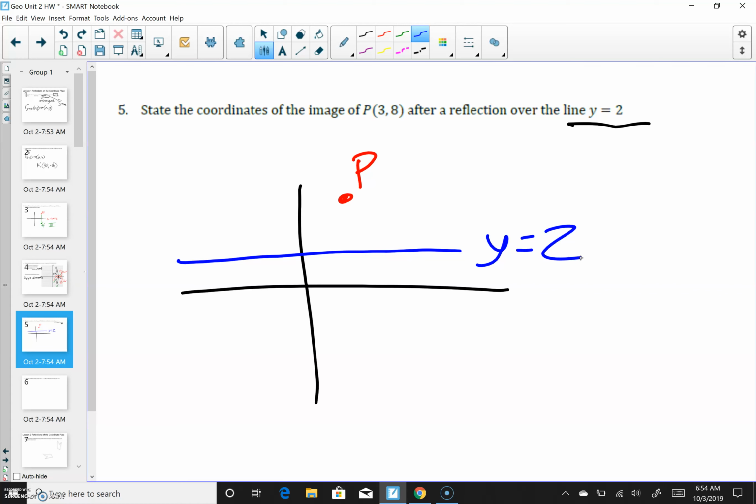So if P is (3, 8) and we're reflecting over y equals 2, we've got to go down 6, and then down 6 units again, and that gives us our point P prime. The x-coordinate's not going to change, and that 8 is going to turn into a -4. So we'll be at the coordinates (3, -4).